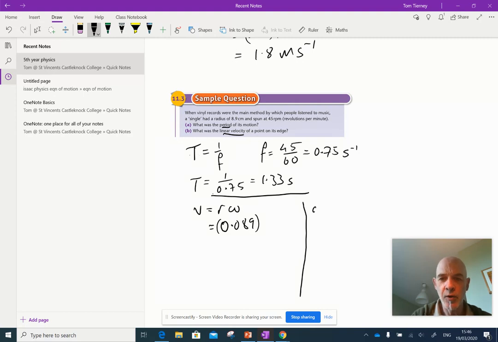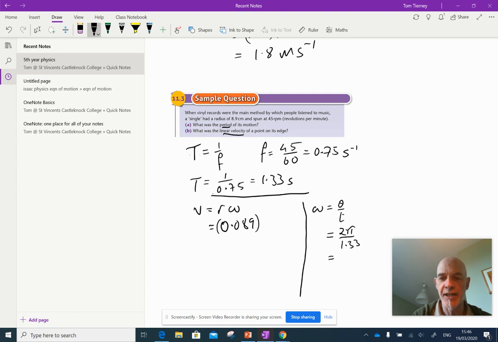Remember how omega was theta divided by t, angle per second? Well, we know that if it goes through one full circle, it goes through an angle of 2 pi radians in one circle. And we've just established that that will happen every 1.33 seconds.